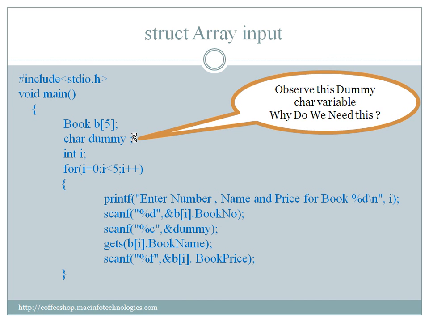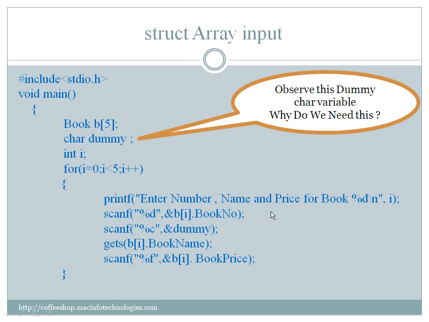Then we have declared a variable called dummy of character type. We observe this dummy variable, and we will see why we have used it. And we have int i, a variable of type integer. Then we have used a for loop to get the individual features of each book.